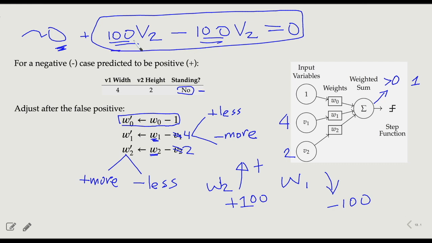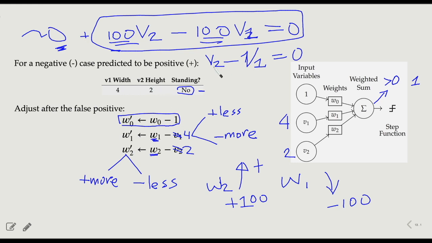Of course, these are rough numbers. This should be V1 here, sorry. So V2 minus V1 equal to 0. The linear function here is again the relation between width and height.